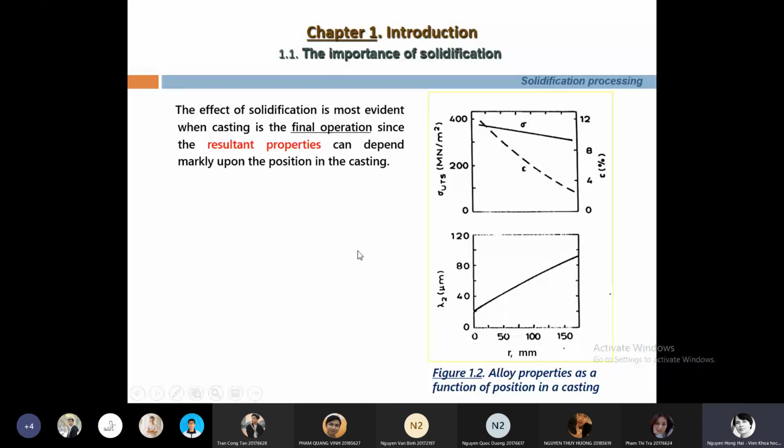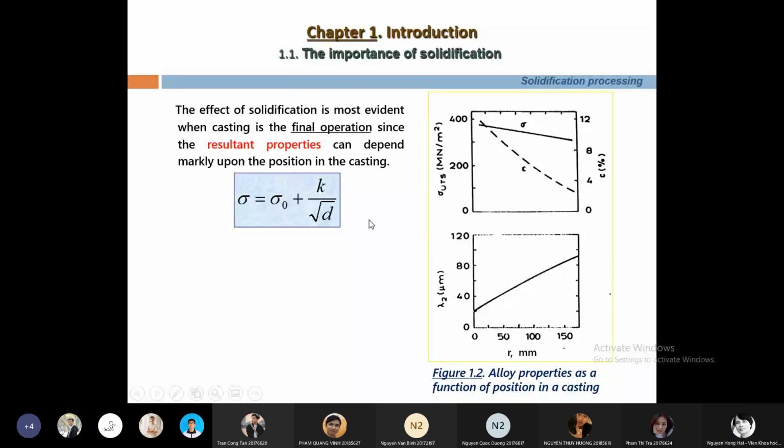Because you have this relation, the strength of the alloy is inversely proportional to the square root of the grain size d, plus sigma 0, which is some coefficient. So the coarser the microstructure, the larger the grain size, the lower the strength and other mechanical properties.